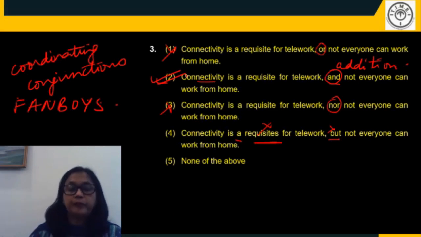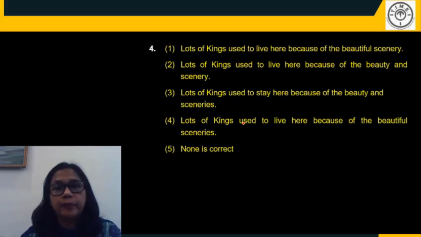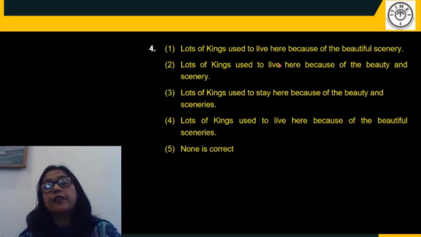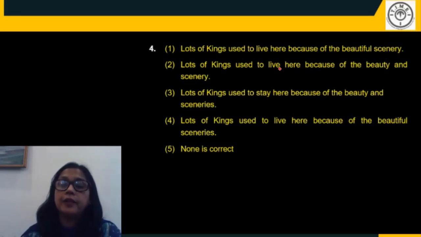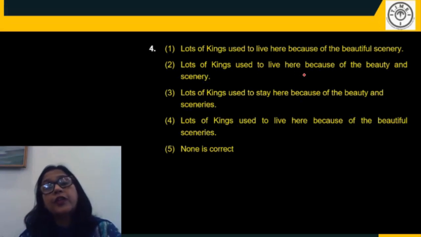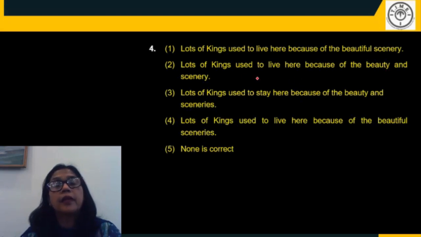Moving to the fourth question here, which says, lots of kings used to live here because of the beautiful scenery. All right. Lots of kings used to live here because of the beauty and scenery. Beauty and scenery of what?